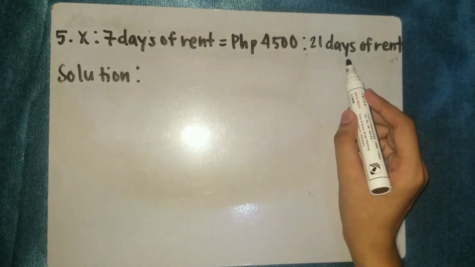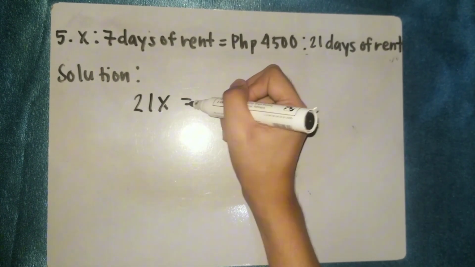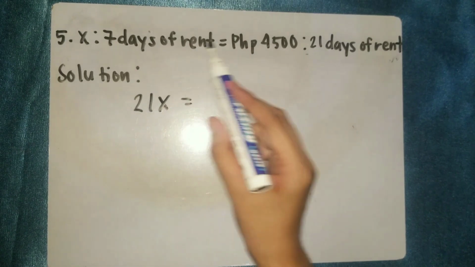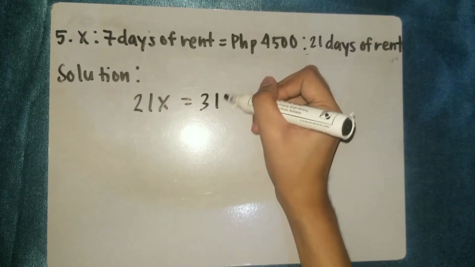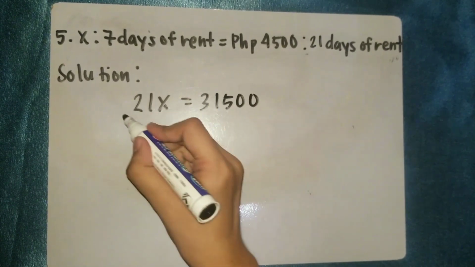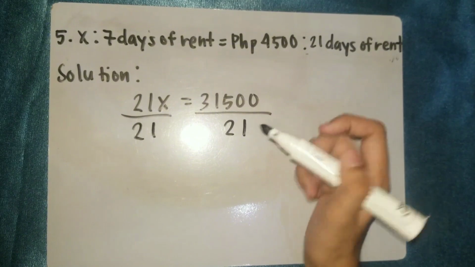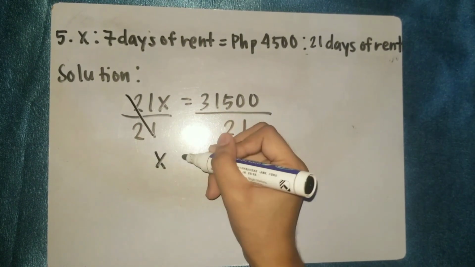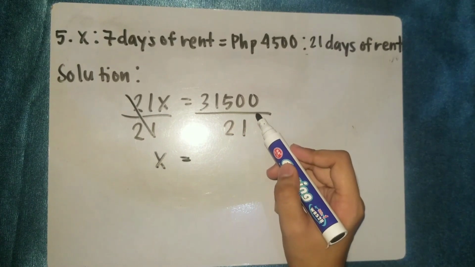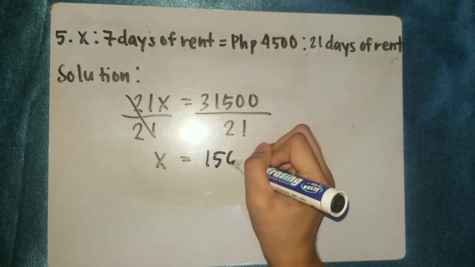X times 21 days of rent equal 21x. 7 days of rent times 4,500 pesos equal 31,500. Divide 21 by both sides. 21x divided by 21 equal x. 31,500 divided by 21 equal 1,500.